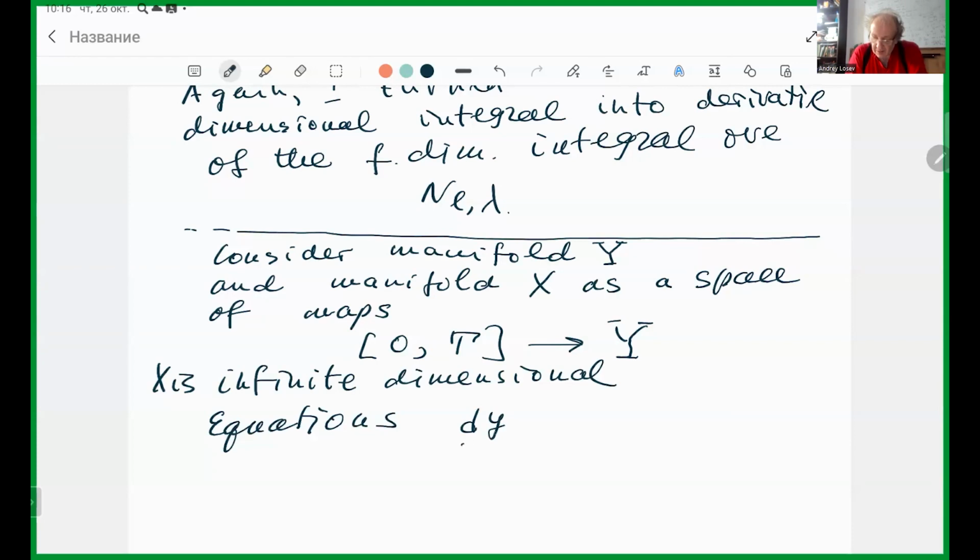dy over dt equals v_i of y of t. So for this to be an equation, I need to do the following.